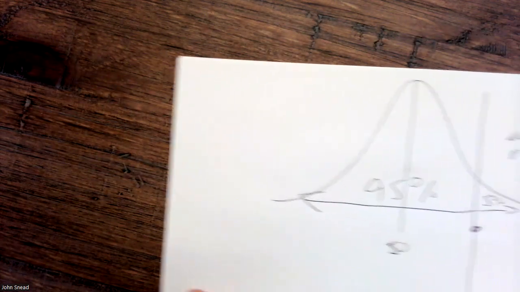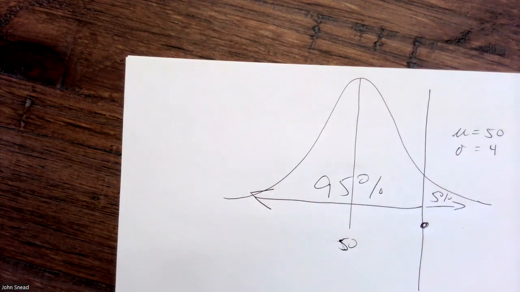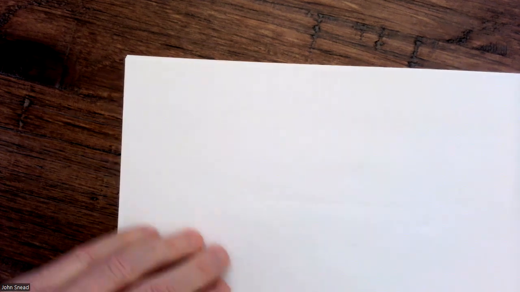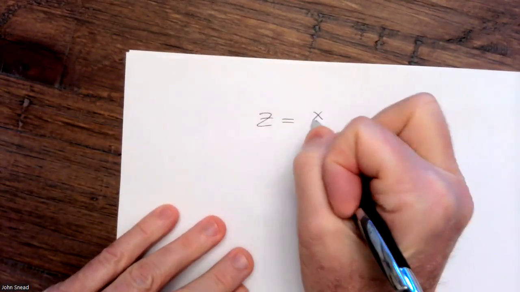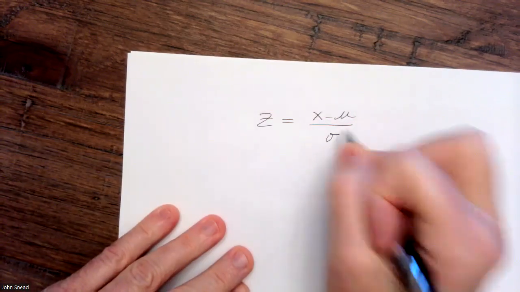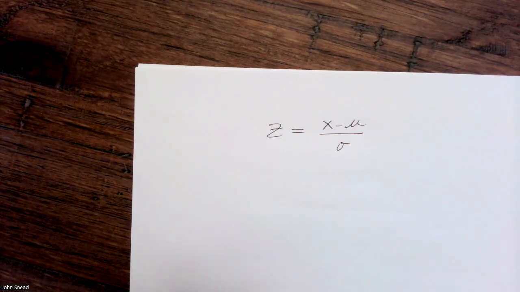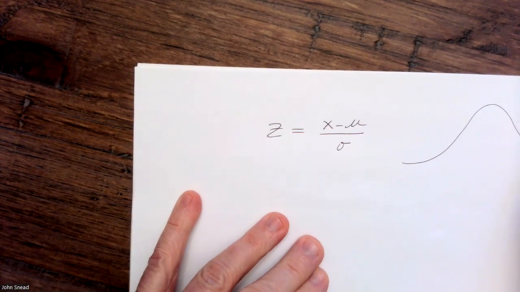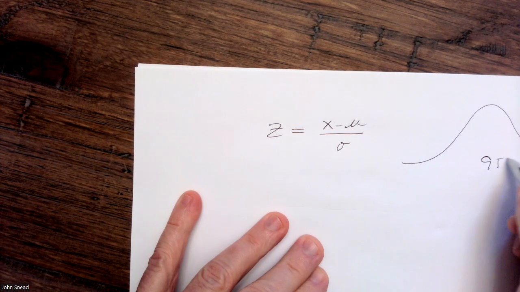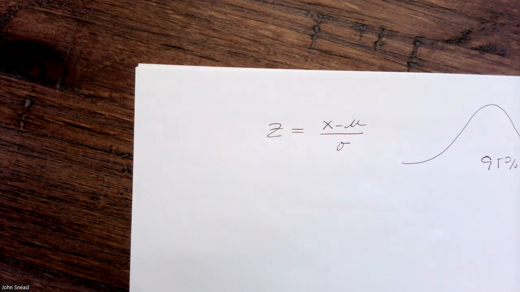Let's do that on another page. z equals x minus mu over the standard deviation. What we want to do is find a z value that will give us a 95%, 5% split.